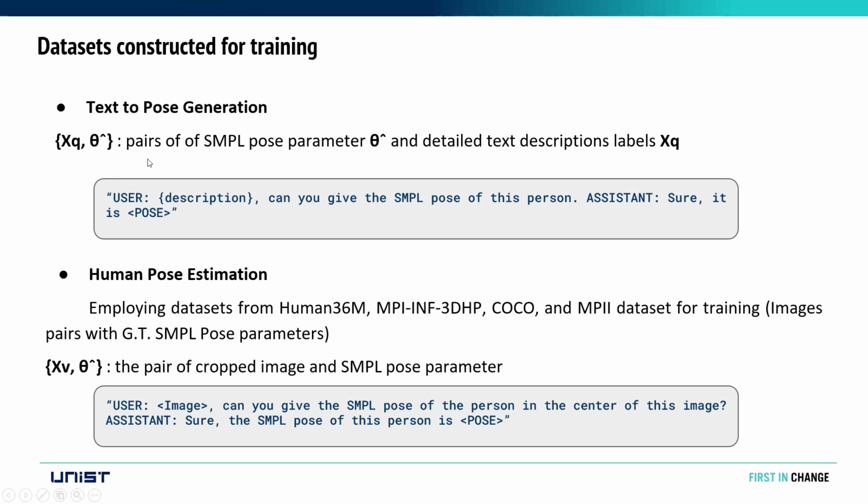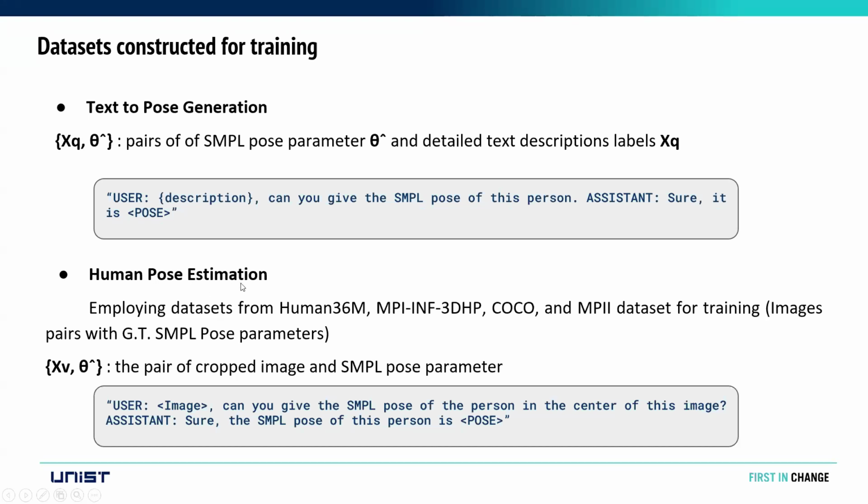In order to fit this to PoseGPT, they adopted the template here, which allows PoseGPT to understand the conversation between a human and PoseGPT. The description here can be retrieved from the dataset. For this text-to-pose generation, they use the PoseScript dataset.